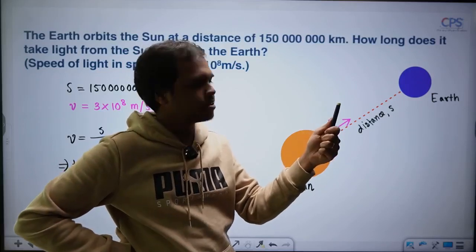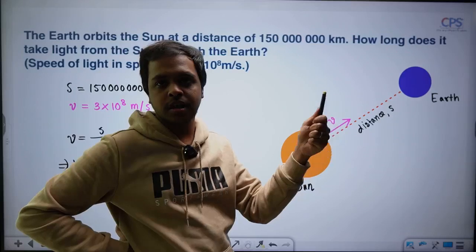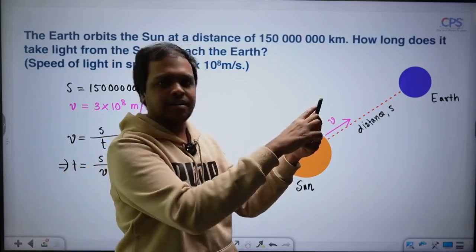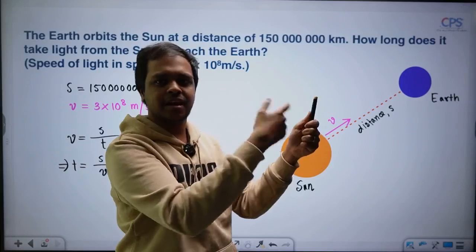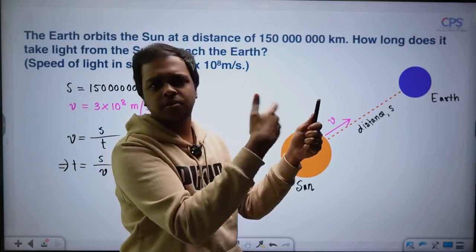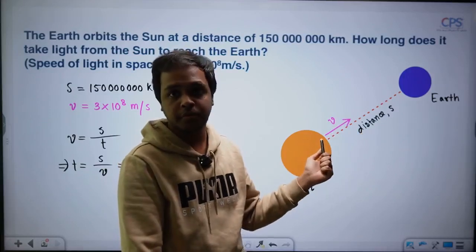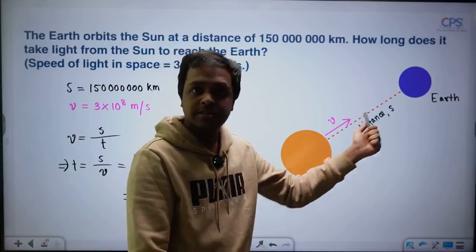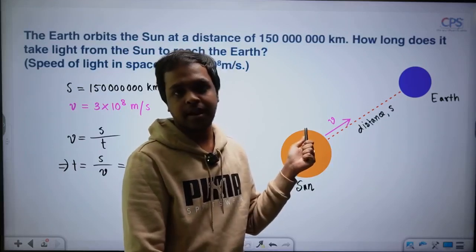But there is a catch. The catch is light is too fast. So from this pen, if any light reflects to my eyes, the time is near zero or zero. But from the Earth's point of view, from the sun, this is a huge distance to be covered, and it takes time.